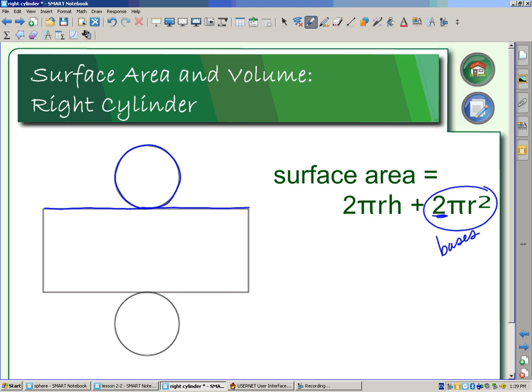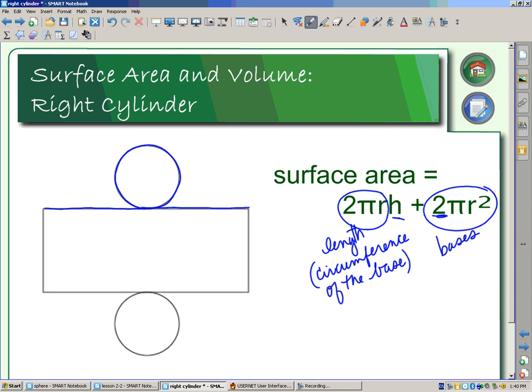The 2 pi r, that's our length, but remember our length is the circumference of the base, times the height. So our rectangle, it's still the area of our rectangle, length times height or base times height, but it happens to be that that length is calculated by the circumference of the circle.